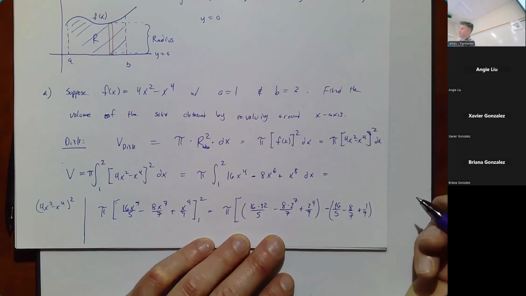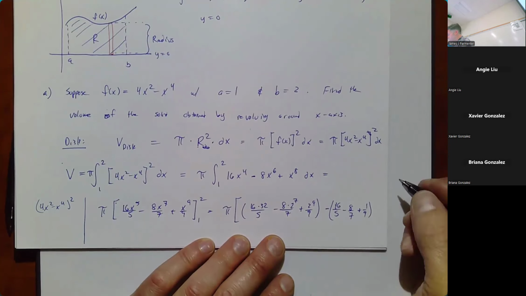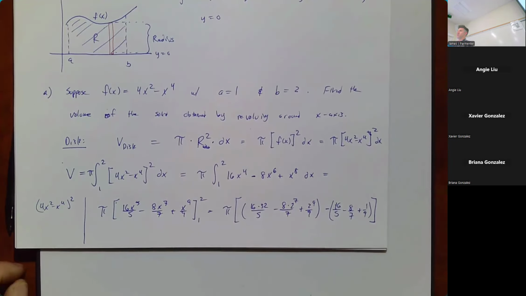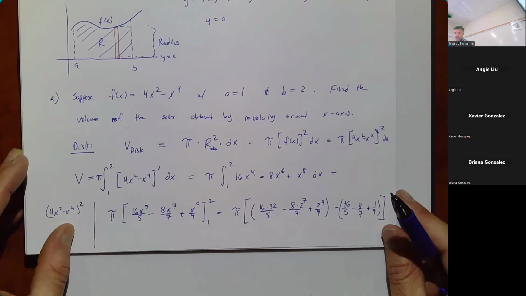You don't need to write 1 to the 5th or 1 to the 7th or 1 to the 9th. And I would stop right there. There's little to no value in going any further. Certainly your time can be better spent on your exam looking at other questions that are worth more points than simplifying the rest of this. But if you have time at the very end, and if there is an expectation that you simplify, then yes, you can go back there and try to make that look more simple. That looks terrible. I wouldn't. Okay.